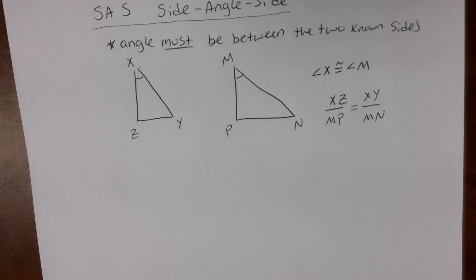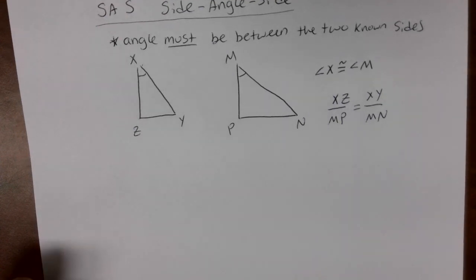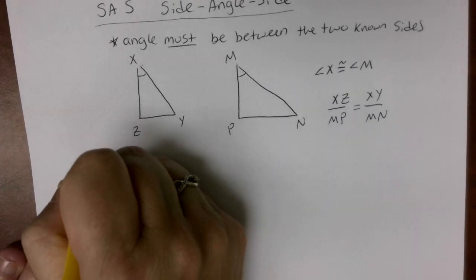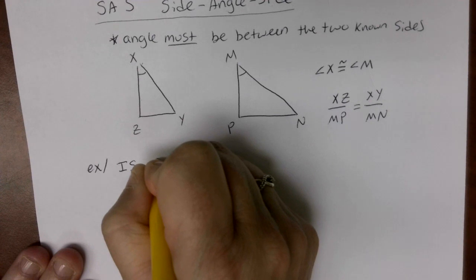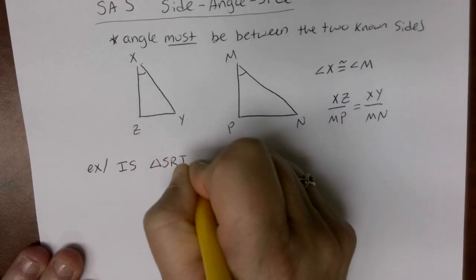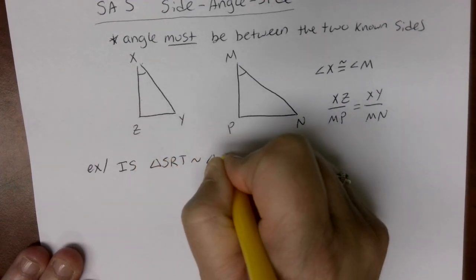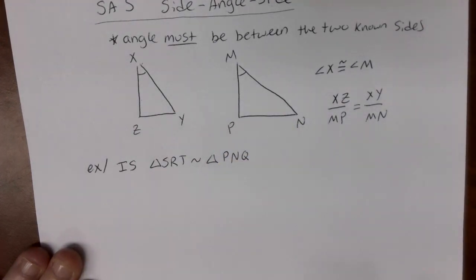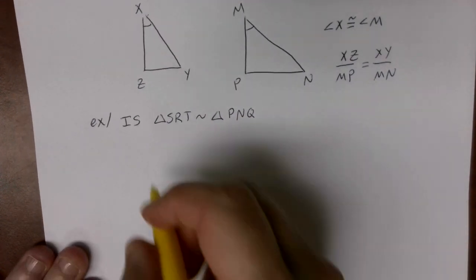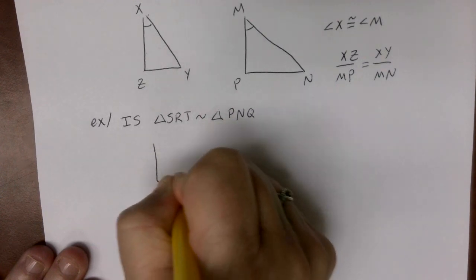So let's go through and look at a couple examples of these types of problems. Okay, so let's say, is triangle SRT similar to triangle PNQ? All right, so let's draw them out.